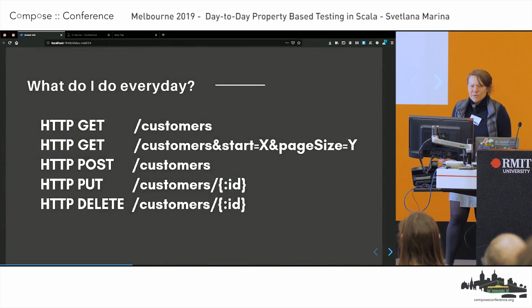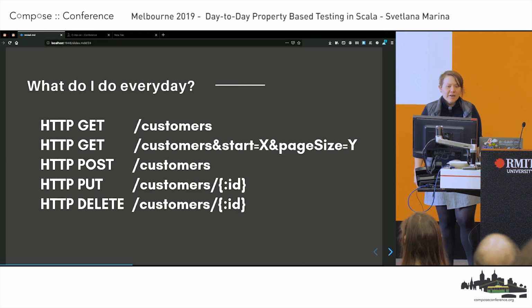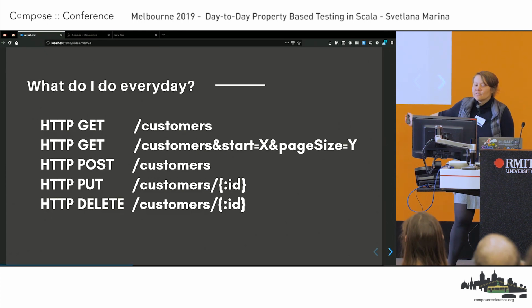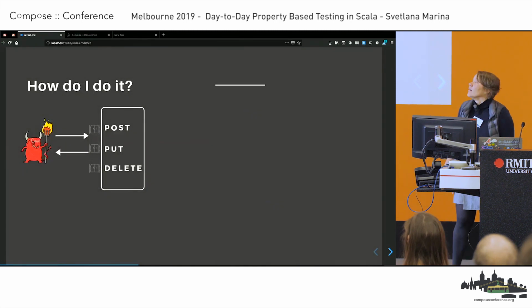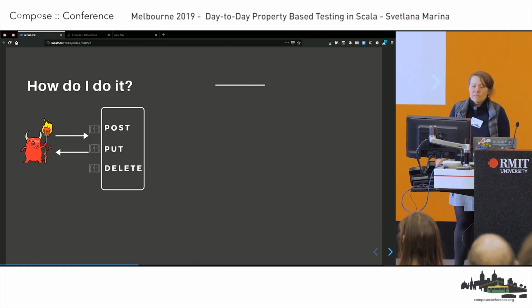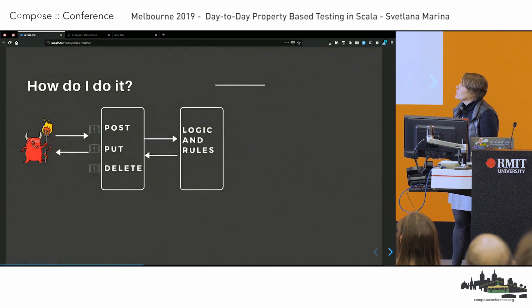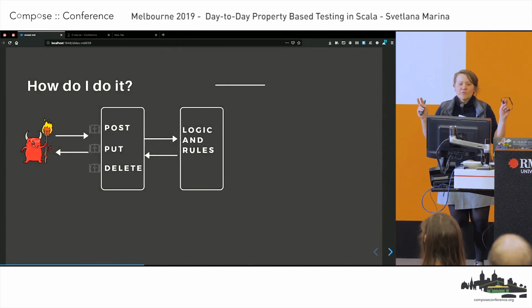So at the end of the day, maybe I need to build some sort of API, like a typical REST API with HTTP GET, POST, PUT, DELETE. Right? So how do I do that? I have a module, kind of like a routing thing, which accepts requests, sends it back to a logic and rules thing.